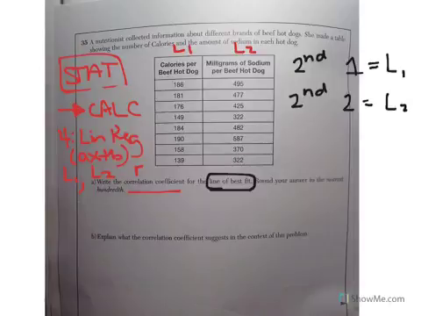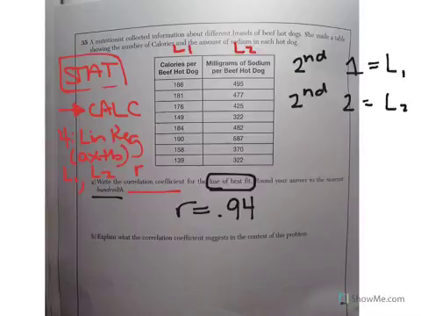So your R value should be the last number, I believe, on the list, and your R value to the nearest hundredth is going to be 0.94. So that's all they're asking for the first part.